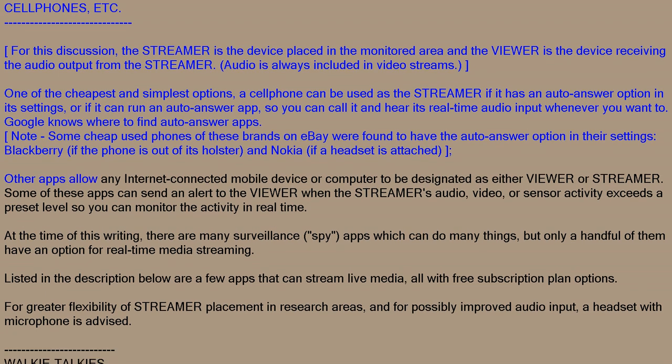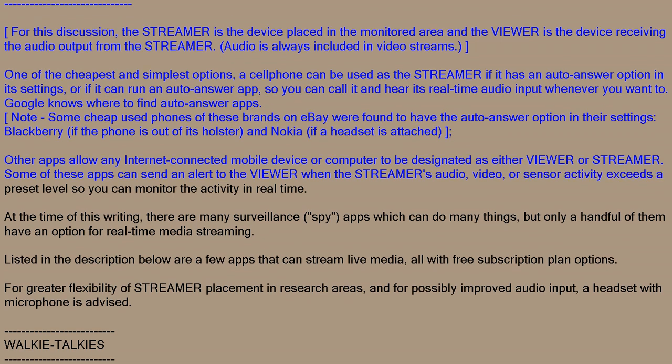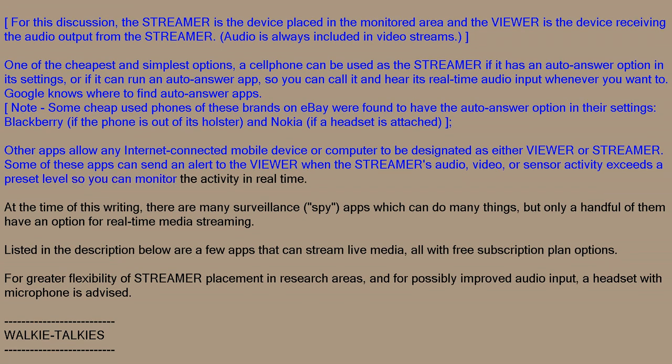Other apps allow any internet-connected mobile device or computer to be designated as either viewer or streamer. Some of these apps can send an alert to the viewer when the streamer's audio, video, or sensor activity exceeds a preset level, so you can monitor the activity in real time.